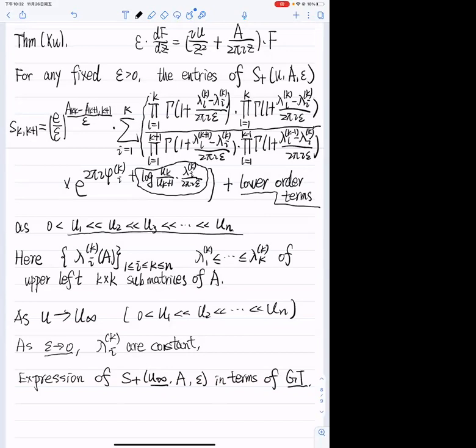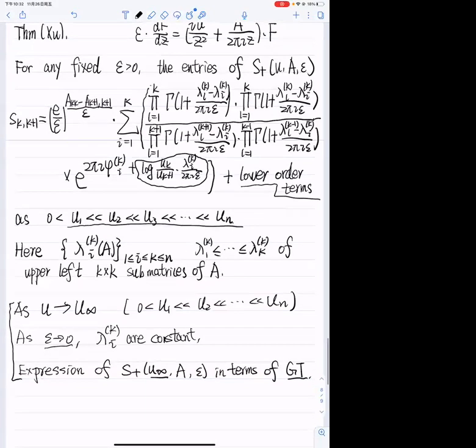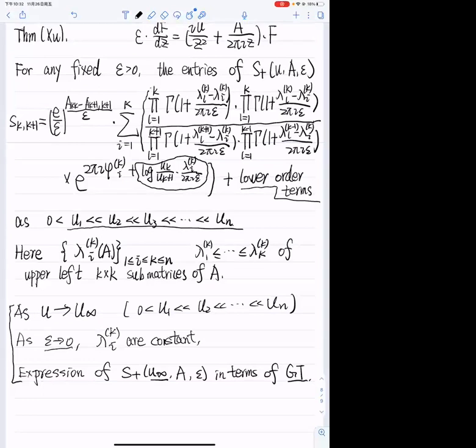But I'm not going to talk about that. Let me go back to our original problem. Recall that our problem is to study the asymptotics of S plus, u, A as epsilon goes to 0.